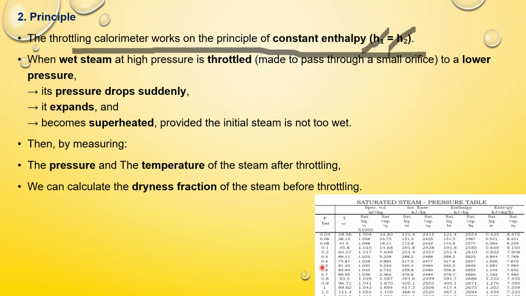If the pressure is 0.5 bar, the saturation temperature is 81.33. So as the pressure changes, your saturation temperature and boiling point temperature change.